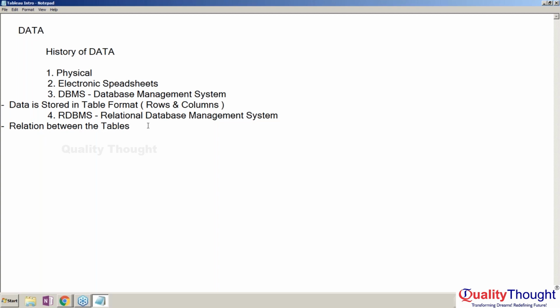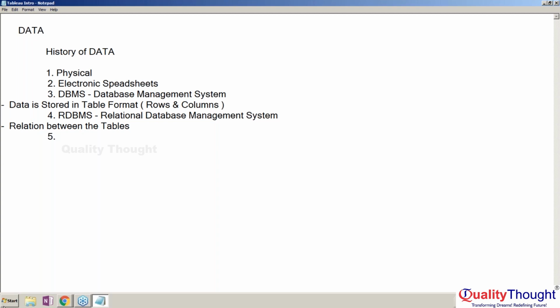Any questions? Now, then thereon, there is something called ORDBMS. See, I'm asking you the question. The data is stored in the tabular format, something like rows and columns. And why do we need a relation between the tables again?